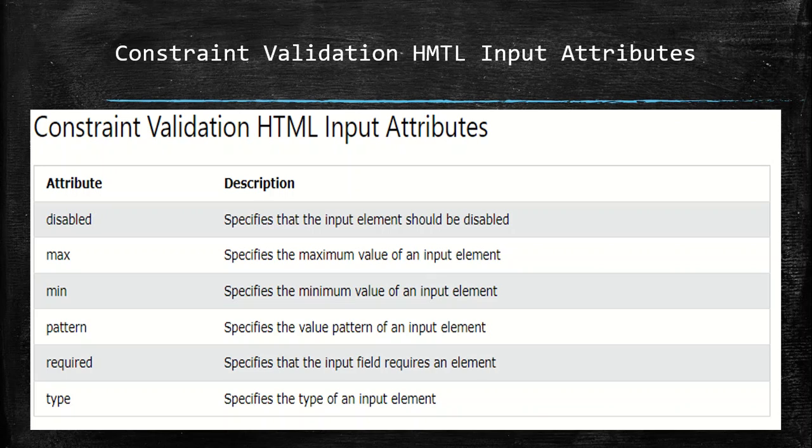Min specifies the minimum value of an input element. Pattern specifies the value pattern of an input element. Required specifies that the input field requires an element. Type specifies the type of an input element.